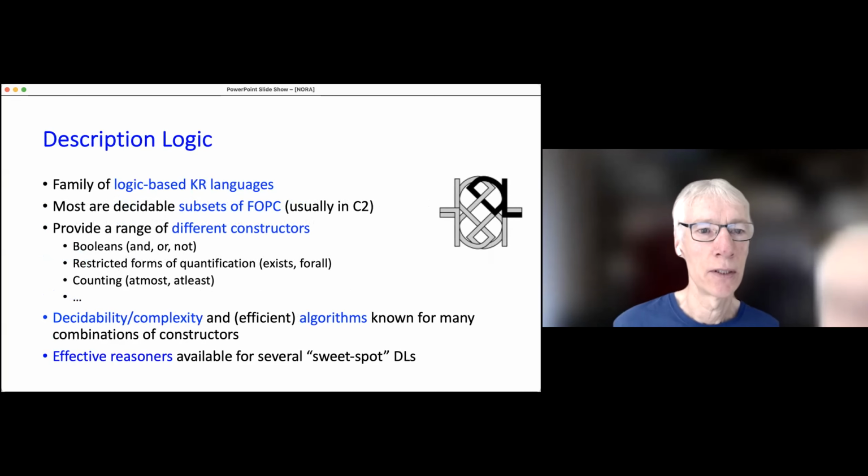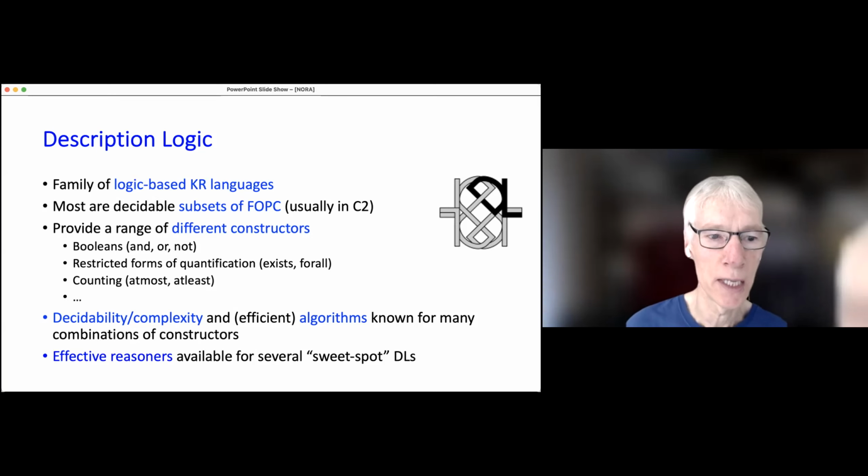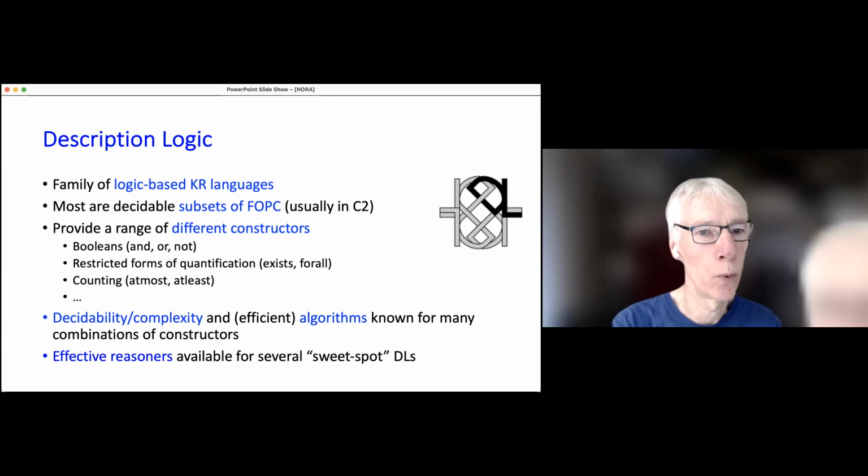These ideas are exactly the ones that were the basis for the research area of description logic. Description logics are a family of logic-based knowledge representation languages. They're usually decidable subsets of first-order logic, and they're usually inside one of the well-known decidable subsets of first-order logic.